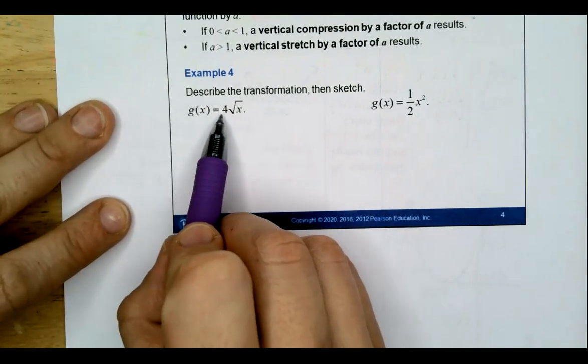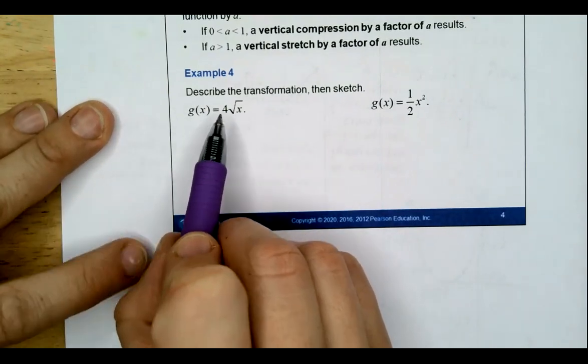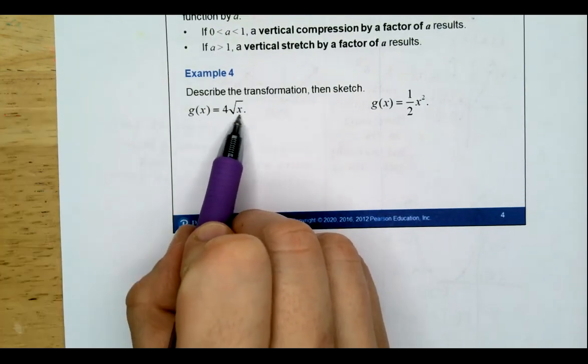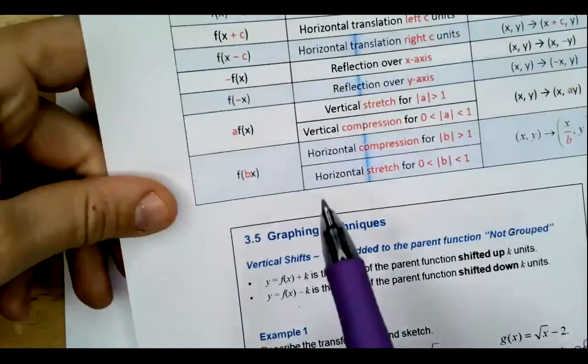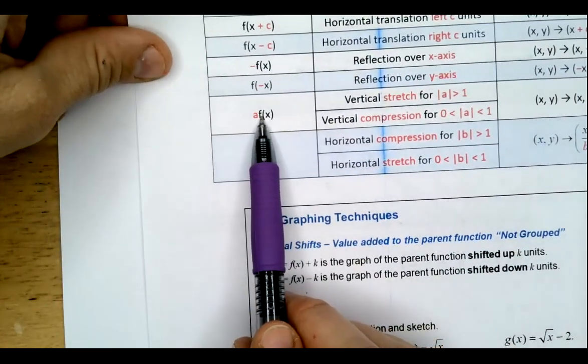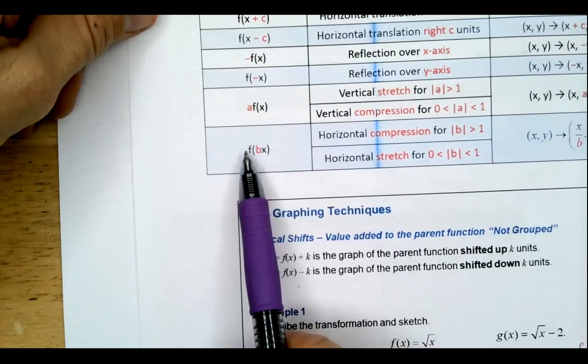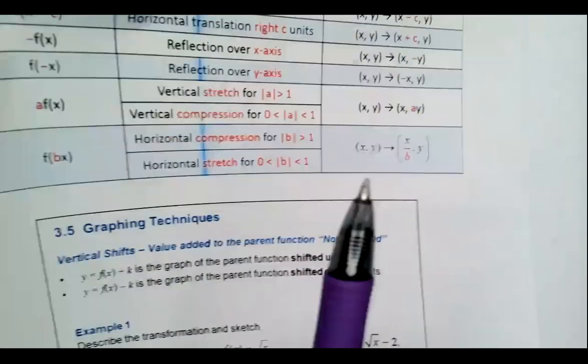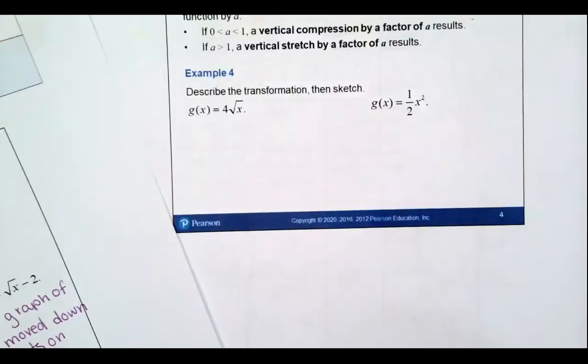g of x equals 4 square root x. Look at this so that you can tell the difference. 4 square root x is this guy, and then the square root of 4x would be this guy.